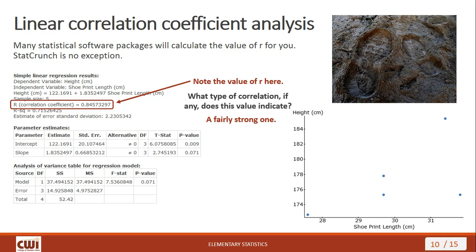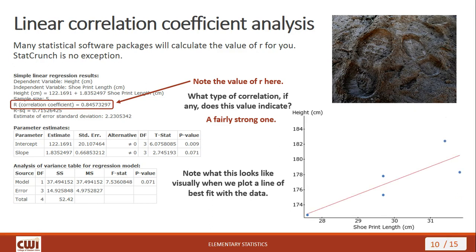However, as we'll see in a moment, there's actually a more objective means of statistically indicating a correlation between 2 variables. First, though, I want to show you what visually we see in the scatter plot when we add the line of best fit with the data. We get something that looks like this. So notice that 0.85 means that our data points are actually somewhat close to the line of best fit.